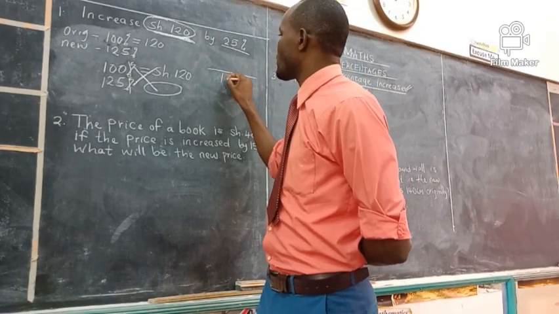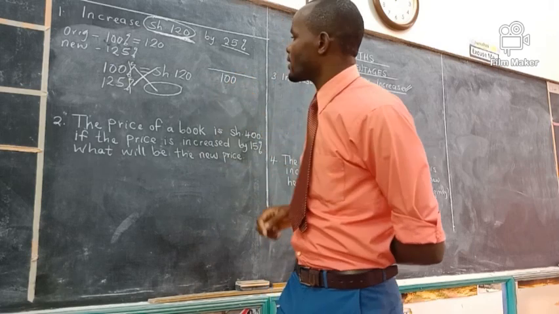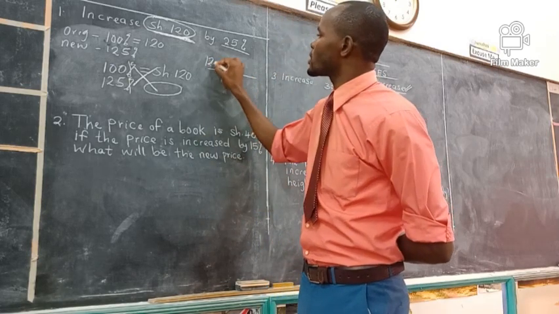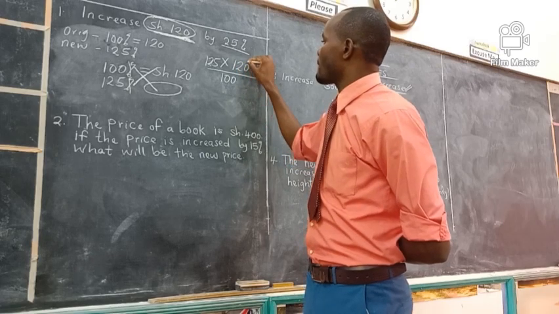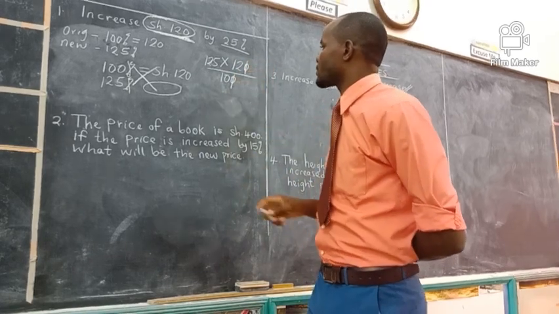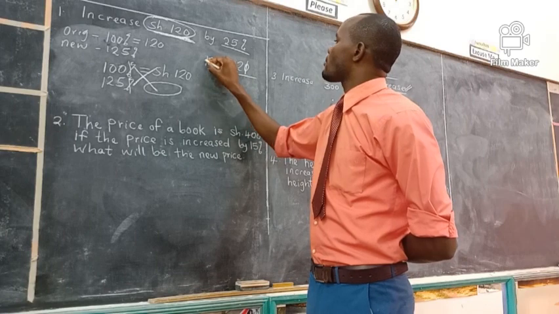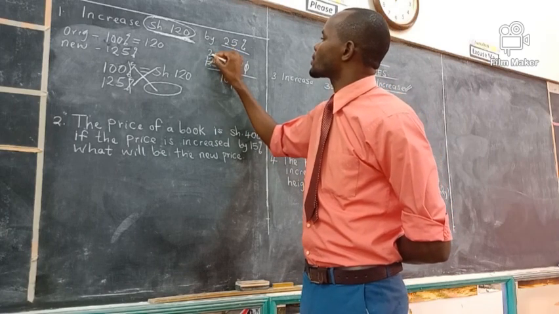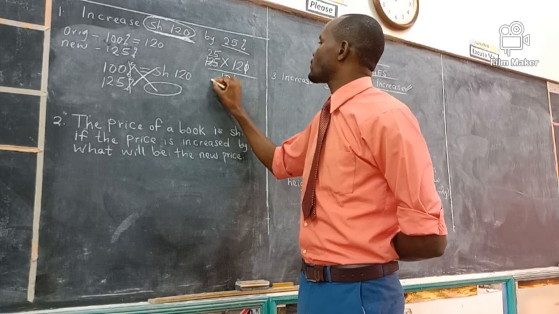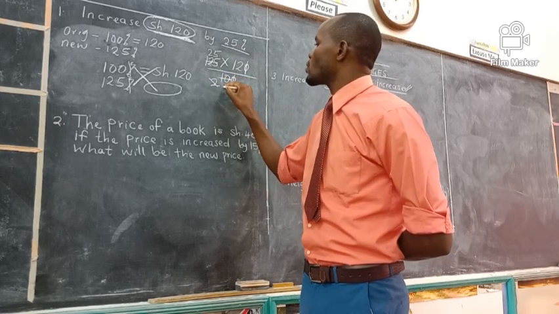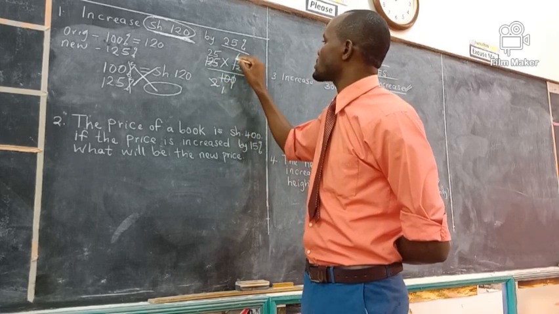So we have 100 below there. Then you say we have 125 times 120, divided by 100. Cancel the zeros. By 5, you will get 25 becomes 5, and then 5 gives 1. By 2, 1, by 2, 6.